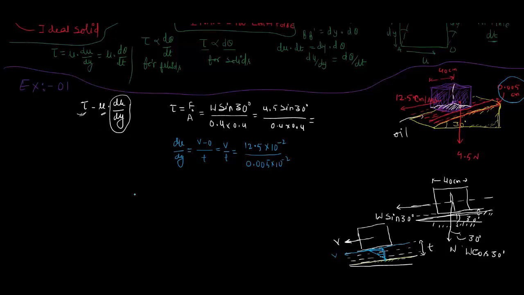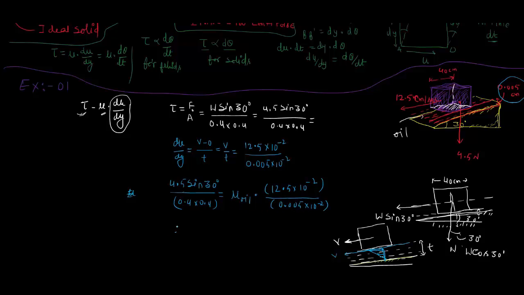So mu will be found from this. Let me write it like that: tau is 4.5 sin 30 degree upon 0.4 into 0.4, equal to mu, that is unknown for the oil, into du upon dy, that is 12.5 into 10 to the power minus 2 divided by 0.005 into 10 to the power minus 2.